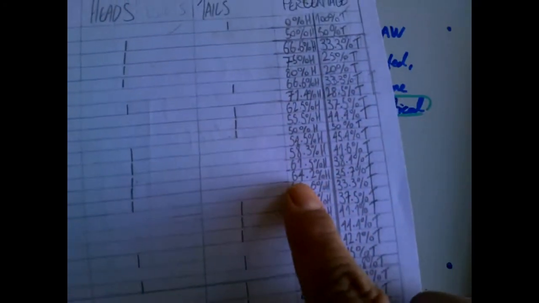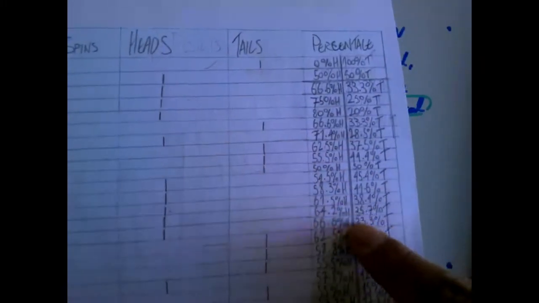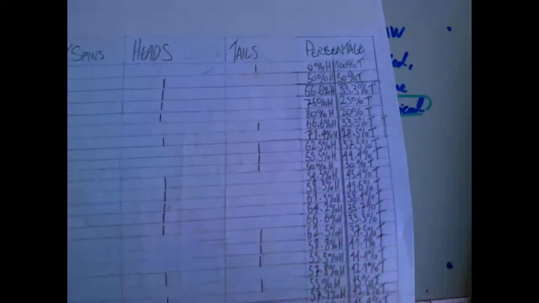But if you keep repeating the same thing, so if you notice in here, it's 64% heads, then 35% tails. See, it swings to this, it swings to this. This is a whole swing. I should really do a graph on this in another video. But as you keep repeating, it should go closer to 50%.